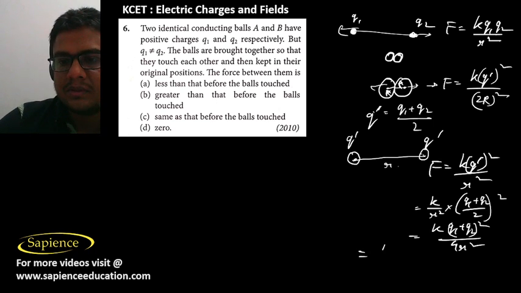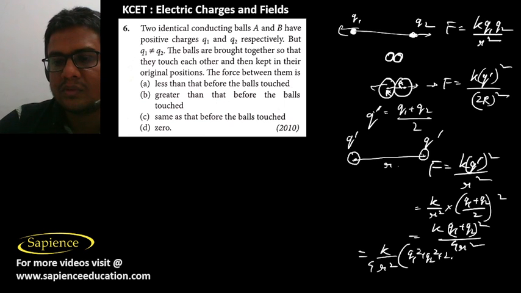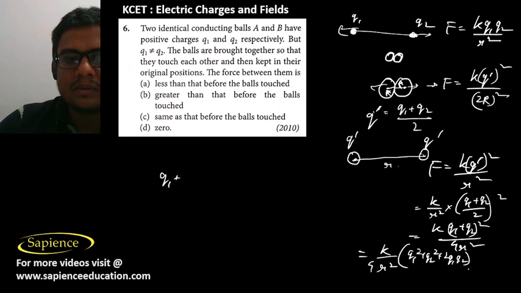Now we can say this is k by r square into, this is k by 4r square, this will be q1 square plus q2 square plus 2q1 q2. So this we can also write as q1 plus q2 whole square.